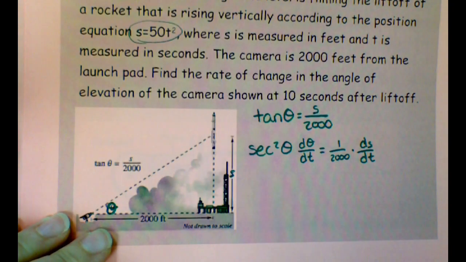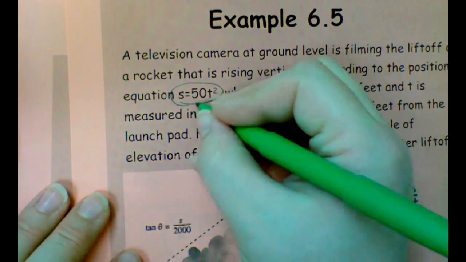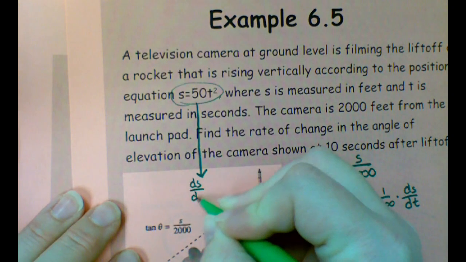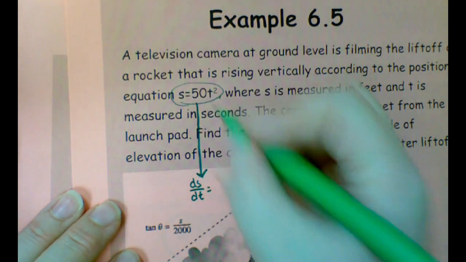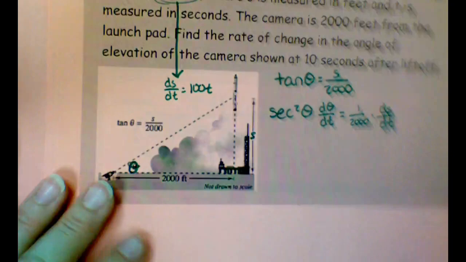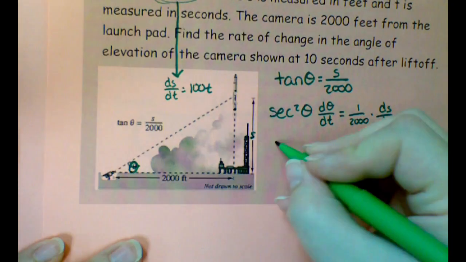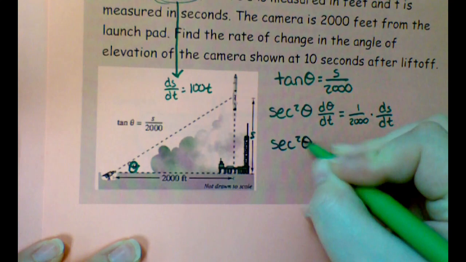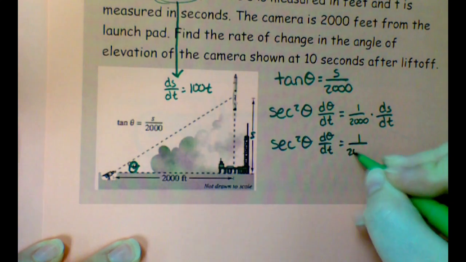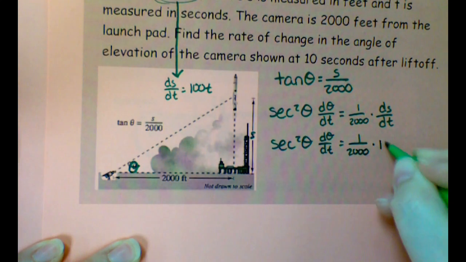So I can find ds/dt from that. Let's go right here. ds/dt is equal to the derivative of this, which is 100t. So I'm going to plug that in right here. Secant squared of theta, d theta/dt, equals 1 over 2,000 times 100t.